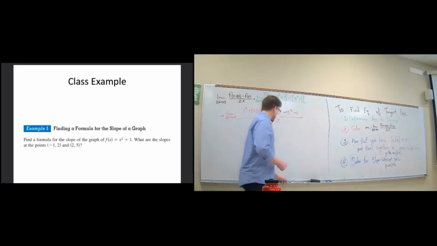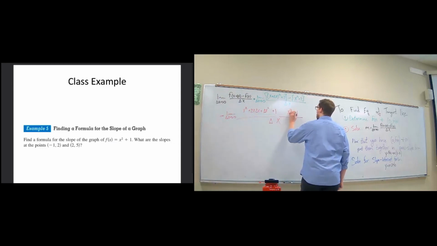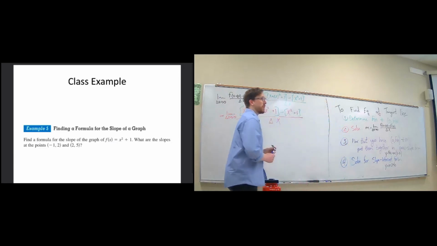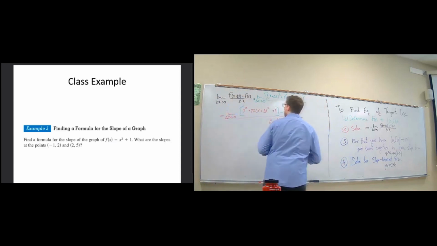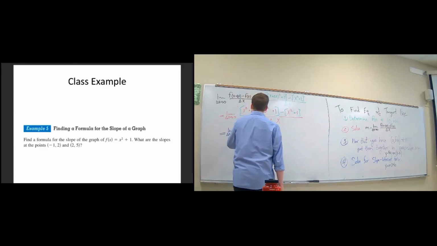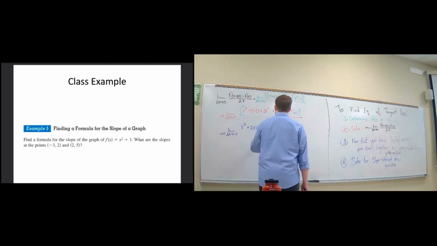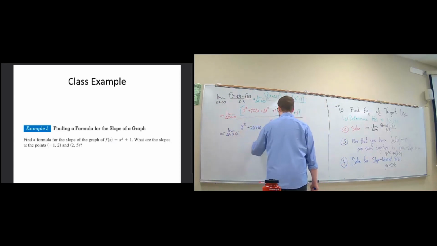So all I've done is said you can drop the parentheses, right? Dropping those parentheses, we're going to get the limit as delta x goes to 0 of x squared plus 2x delta x plus delta x, that quantity squared, plus 1 minus x squared minus 1 over delta x.